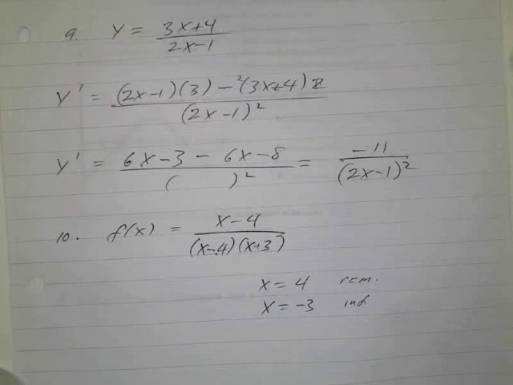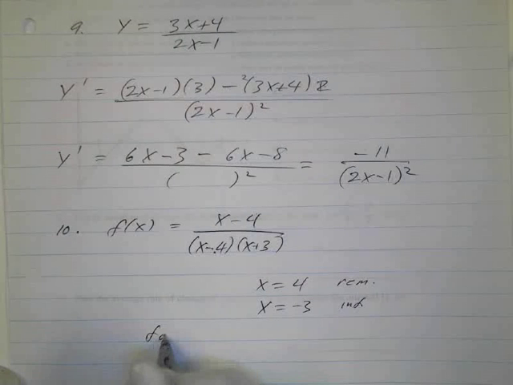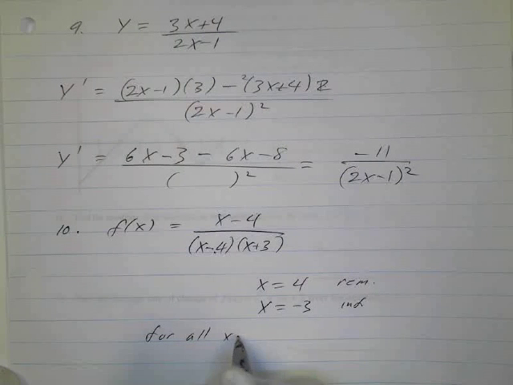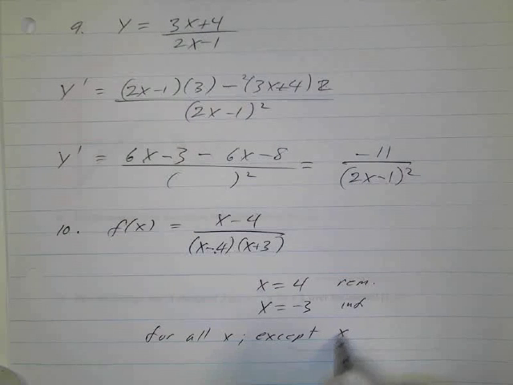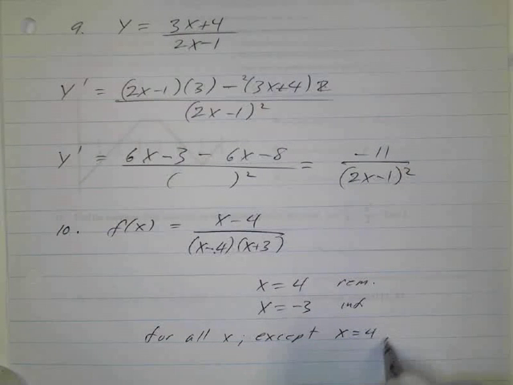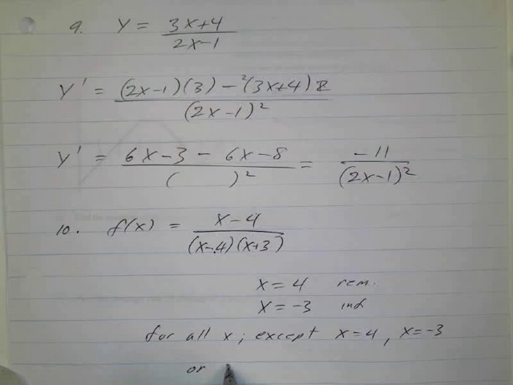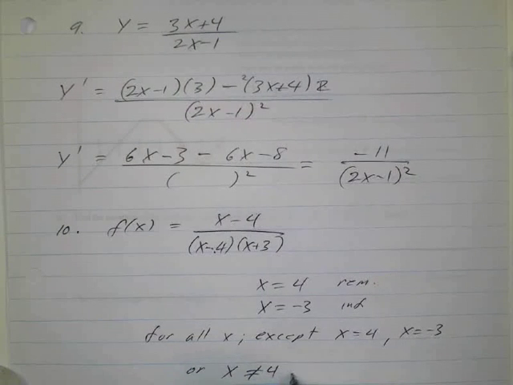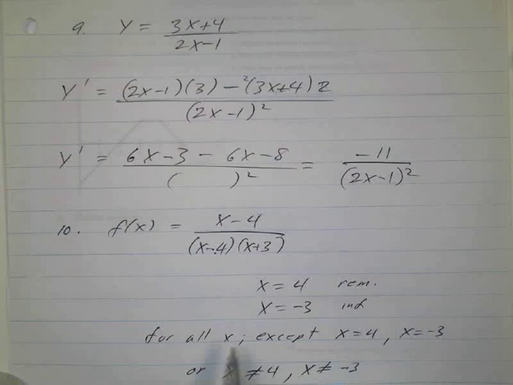Every other place, we've got a nice smooth curve, so it's differentiable for all x except x equals 4 and x equals negative 3. Or you can just say x cannot equal 4 and x cannot equal negative 3. Either way, for all x except these values.